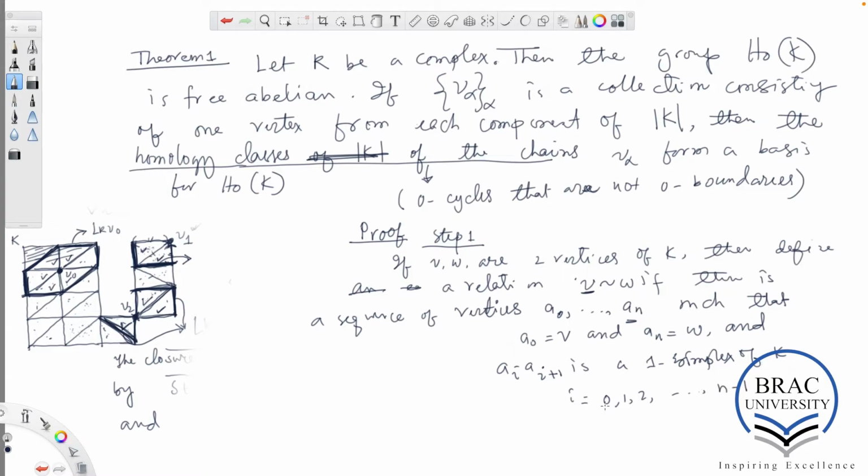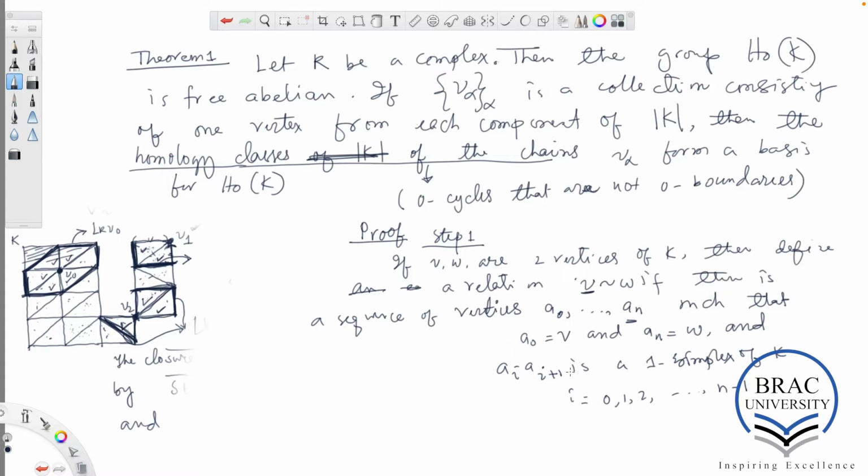If I take i to be 0, I get A0 A1, and A0 A1 is supposed to be a 1 simplex of K. Similarly, you choose all the other values of i, and you must have A_i A_(i+1) be a 1 simplex of K. For example, you choose i to be n minus 1, and you want A_(n-1) A_n to be a 1 simplex of K.